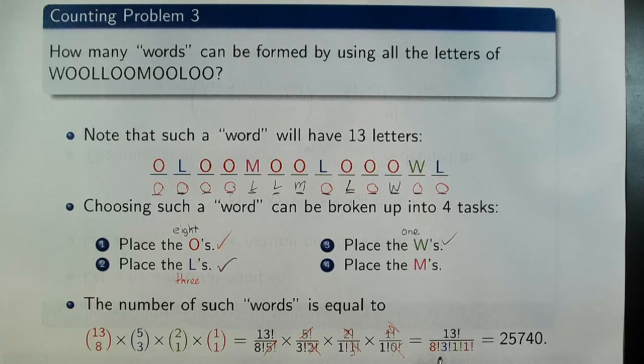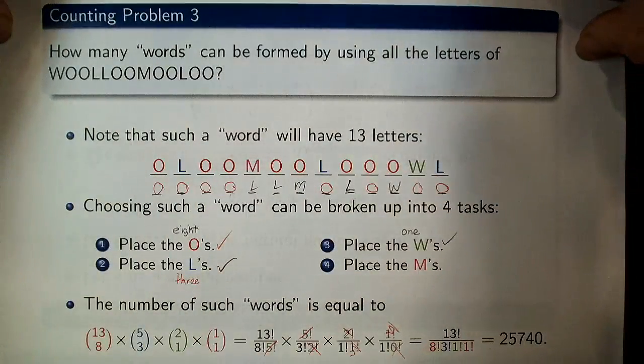And the answer is 13 factorial divided by 8 factorial, 3 factorial, 1 factorial, 1 factorial. And that is nice. There were 13 letters in total: 8 O's, 3 L's, 1 W, 1 M. 8, 3, 1, 1. So it works out nicely.